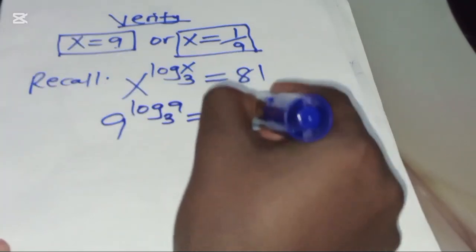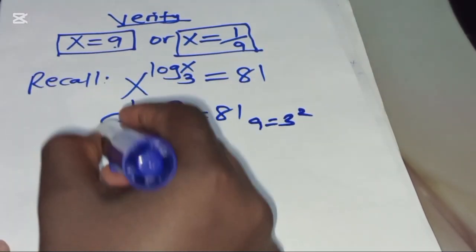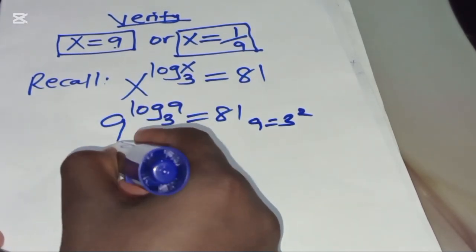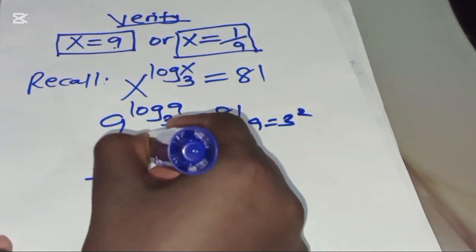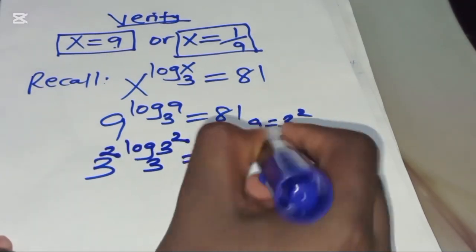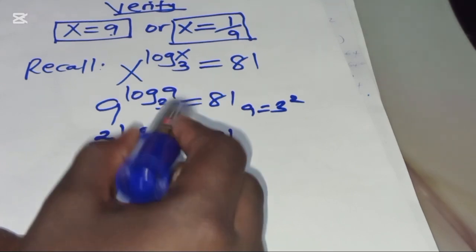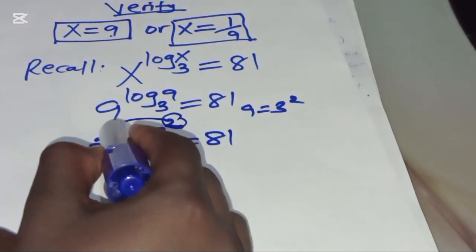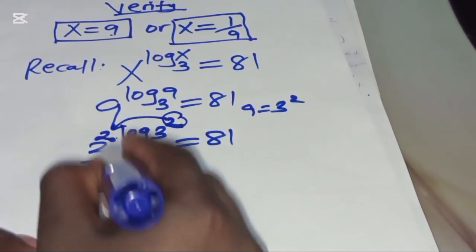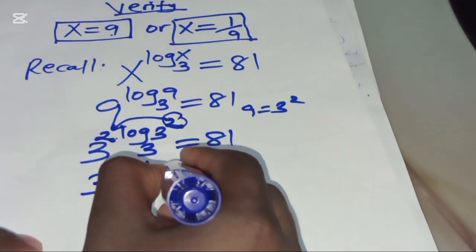Now 9 can be expressed as 3 to power 2. So we can write this as 3 to power 2, log 3 to power 2 to base 3, and this should give us a value of 81. Now 3 to power 2, this is a power, so we can take this power down. So we'll have 3 to power 2 multiplied by 2 log 3 to base 3.